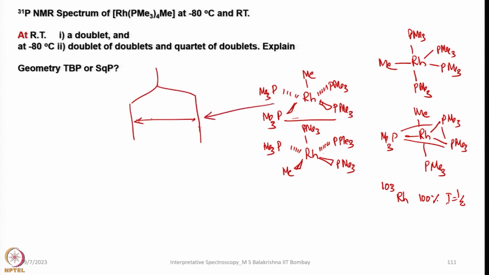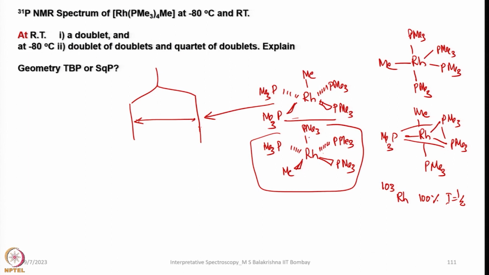So at room temperature it shows a doublet, which means the structure is something like this, where four trimethylphosphine groups are in the plane and one methyl group is in the axial position. So now let us look into the doublet of doublets and the quartet of doublets here. If you look at this structure, one phosphine is axial and it makes a cis relationship with the remaining three.